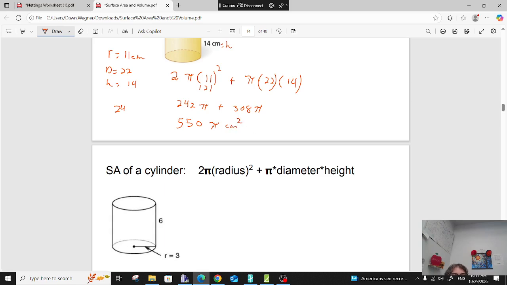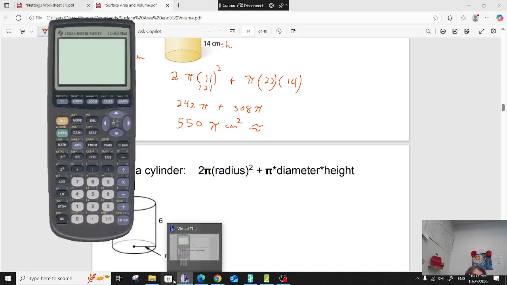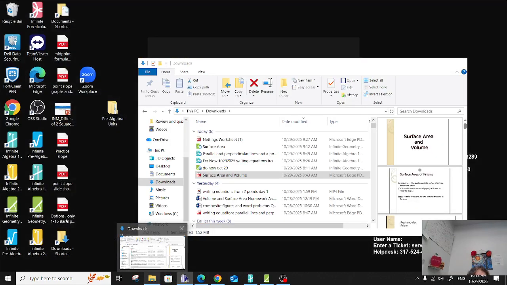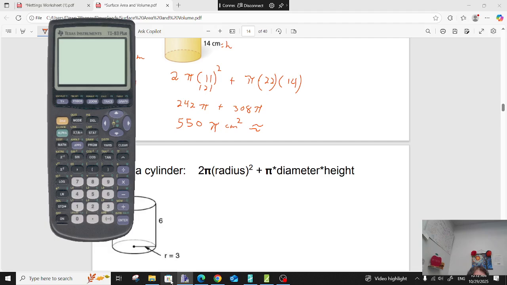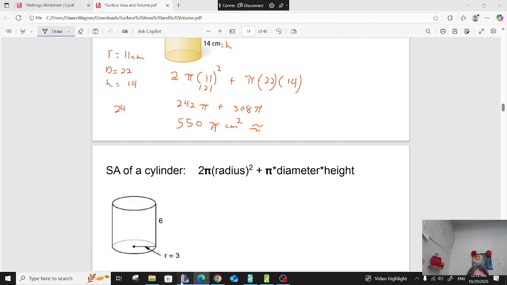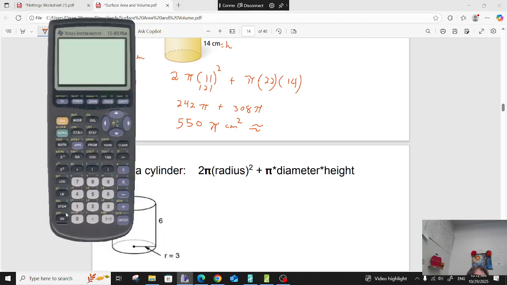Now, this is the exact answer. If I want the approximate, you would use your calculator and multiply. Yeah, approximate's the decimal. Come on. So that would be 550 times pi.